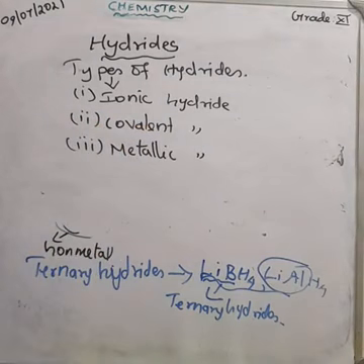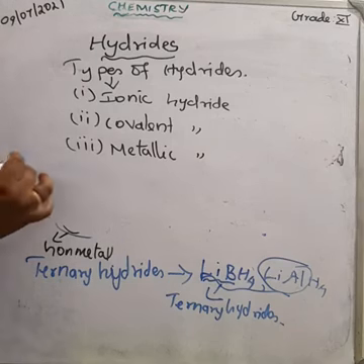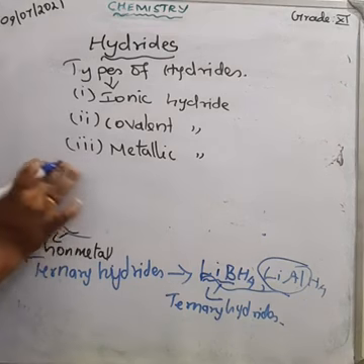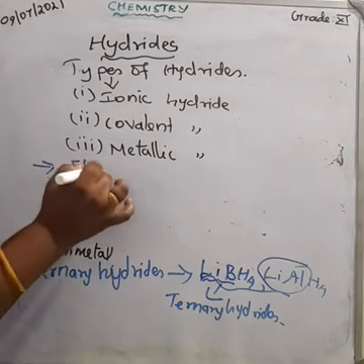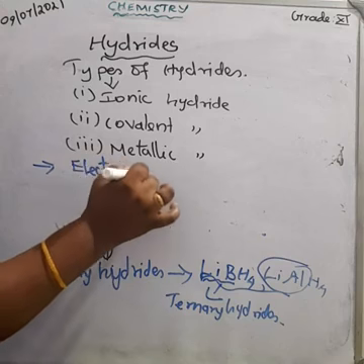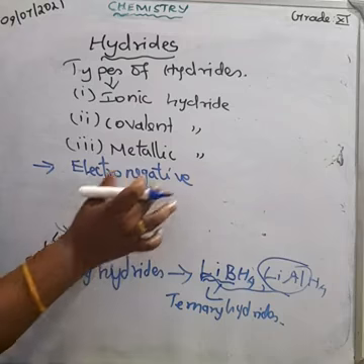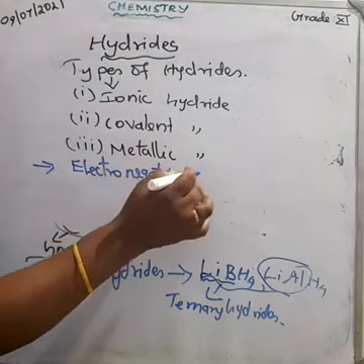Understand? The hydrides formed with elements having lower electronegativity than hydrogen are often ionic. Ionic hydride means the hydrides formed with elements having lower electronegativity than hydrogen.